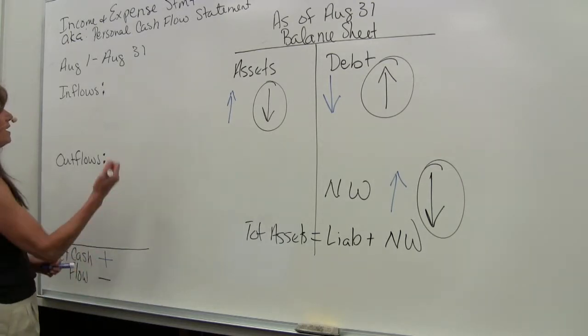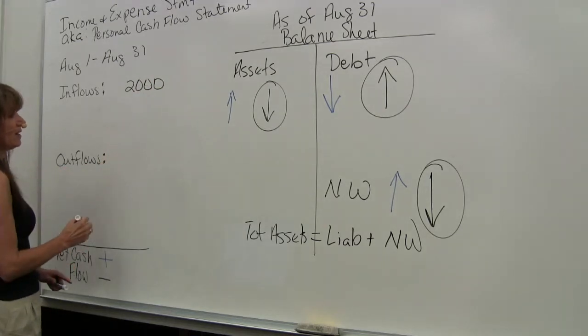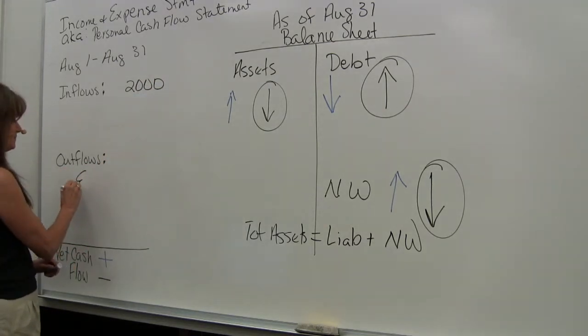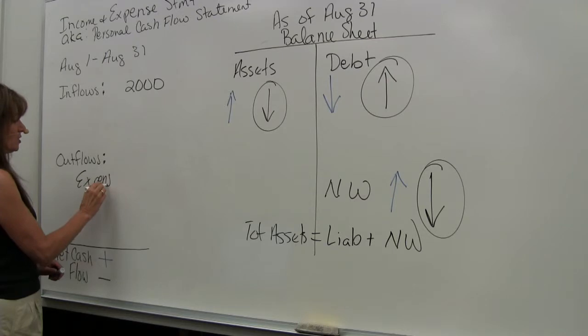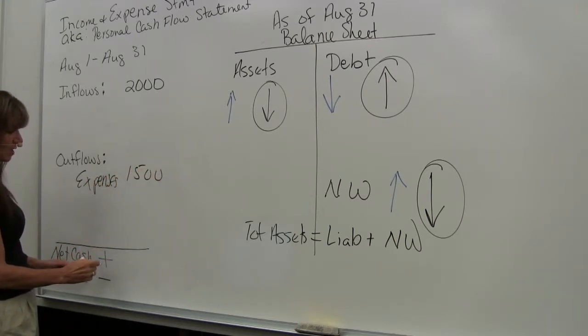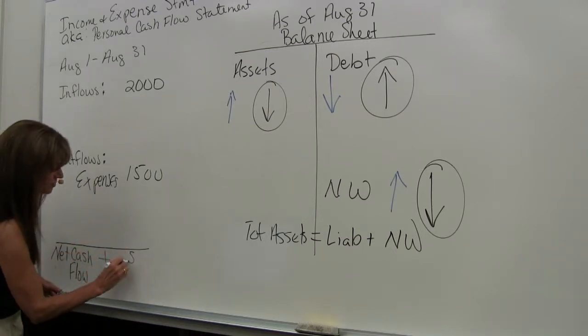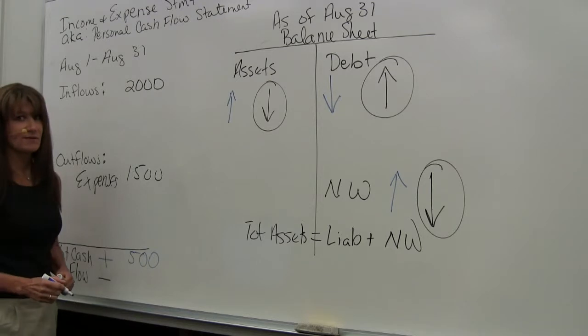So up here, if we have inflows of, let's say, $2,000 for a month, and all of our expenses total, let's say, $1,500 for the month, then our net cash flow is going to be positive. We're going to have $500 in positive net cash flow.